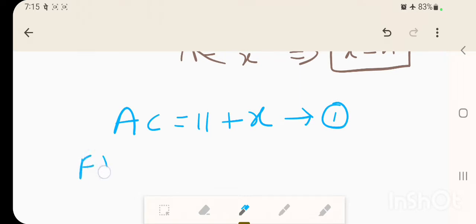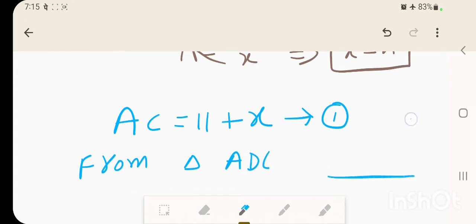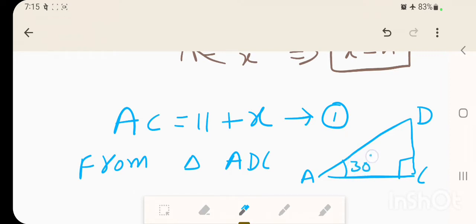Next, we have two triangles here. Now we take triangle ADC. Another triangle we have is triangle ADC, with top D, A, and here we have C. This is a right angle triangle, and this is the initial position from where the person is observing the top of the palm tree, before he moved by 11 meters.